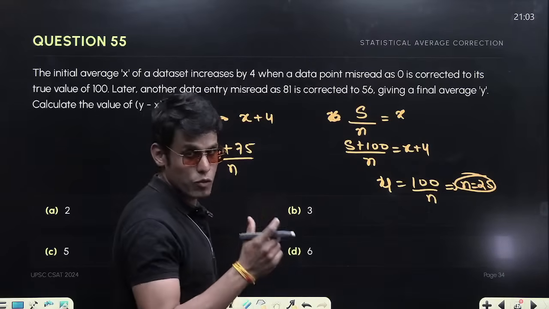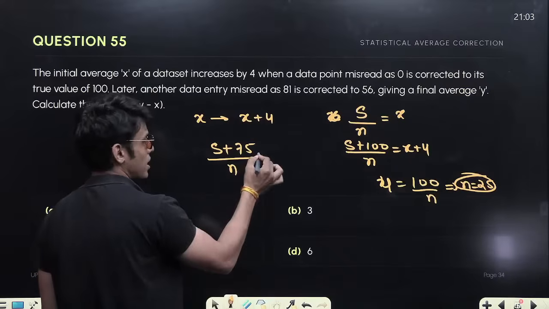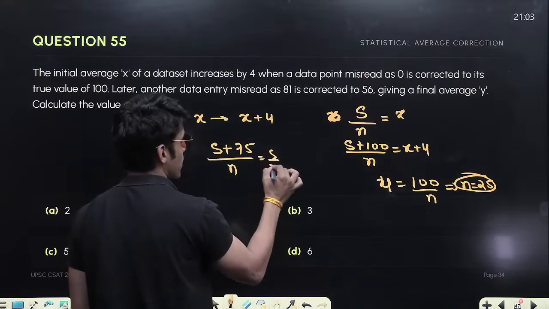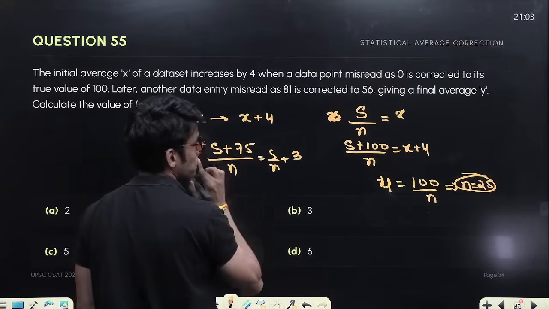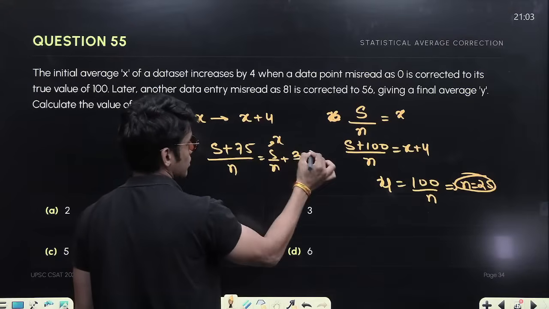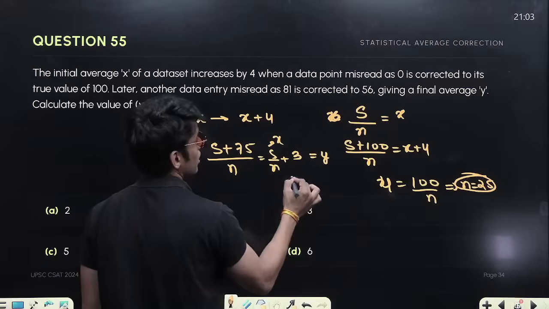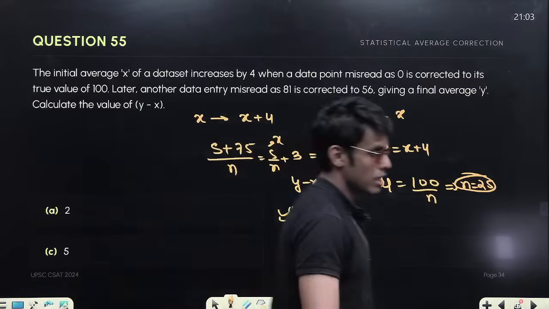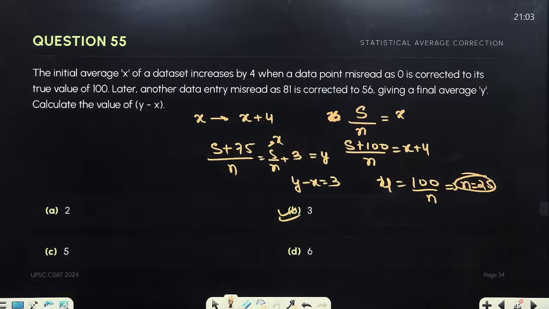So there's a difference of 25. So you will subtract 25 here. So see, this becomes s by n plus 3. This was x. This is y. So y minus x is 3. 3 is the correct answer.